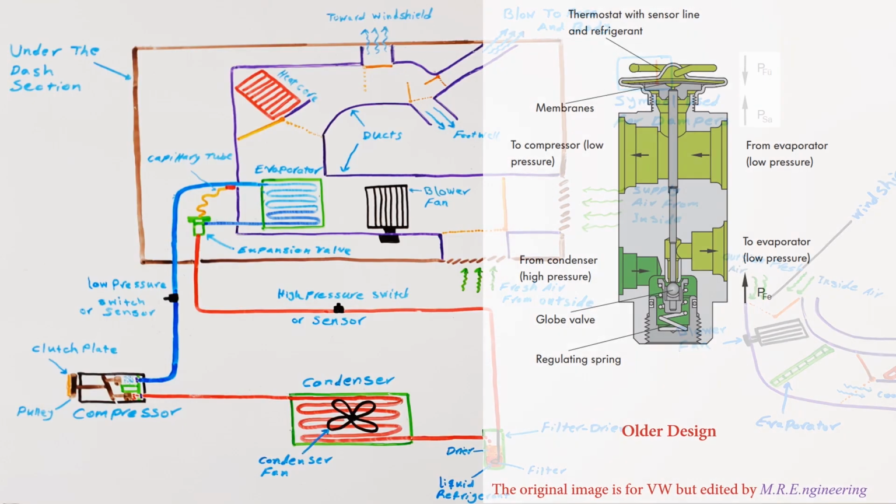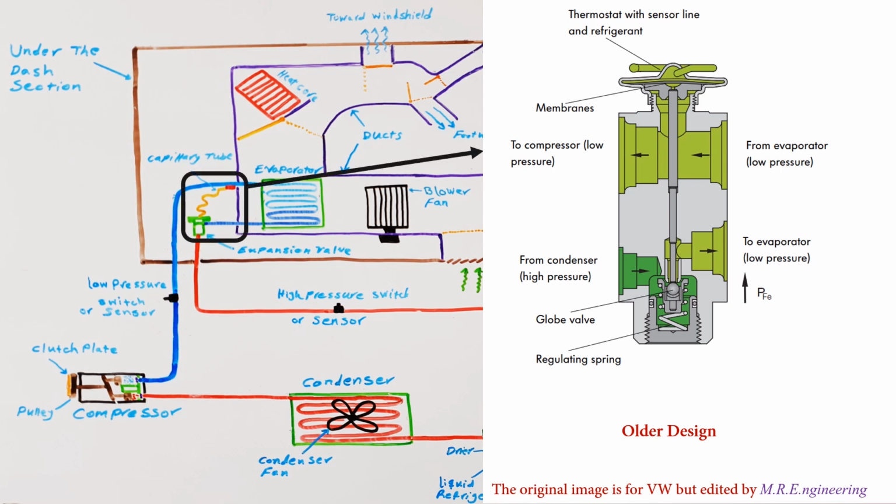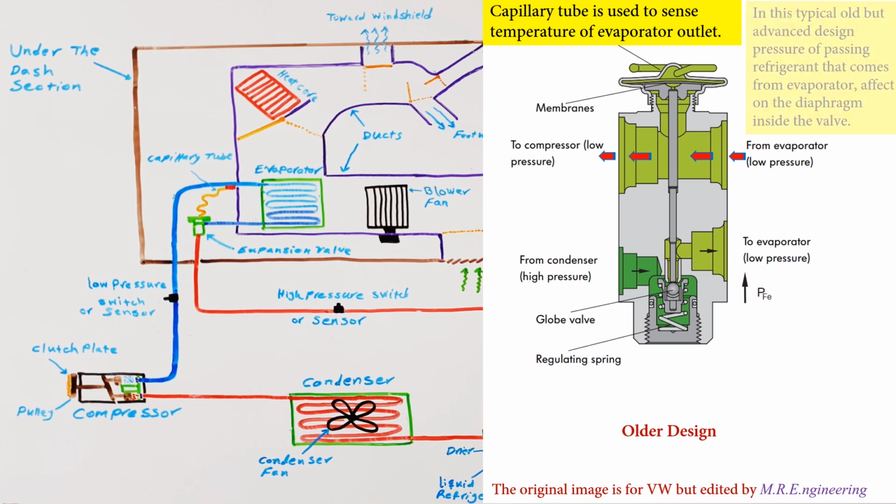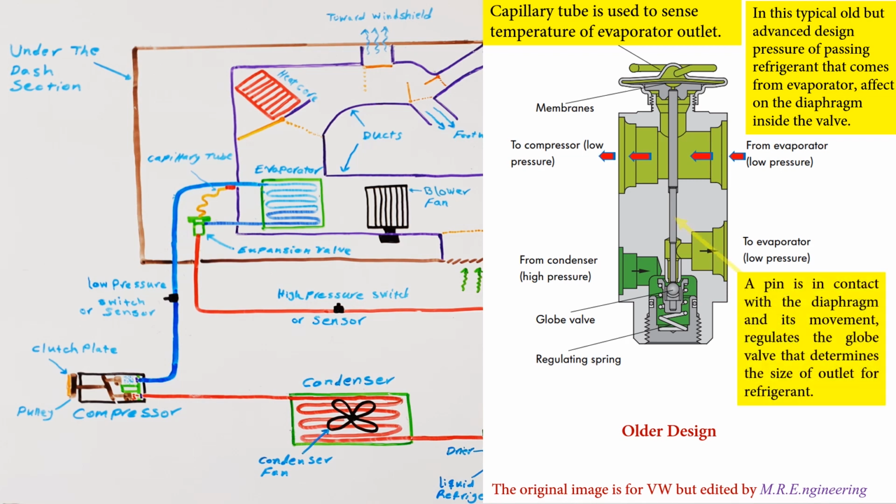In some older designs, you can see a capillary tube on top of this component, and this tube on the other end is connected to the output pipe of the evaporator, and this design senses the temperature of the evaporator output, and this temperature adjusts the pressure inside the chamber in the valve cap, and pressure change of this chamber moves a pin that is in contact with the diaphragm of this chamber, and movement of this pin regulates the size of a passage that is considered as the entrance of the evaporator.